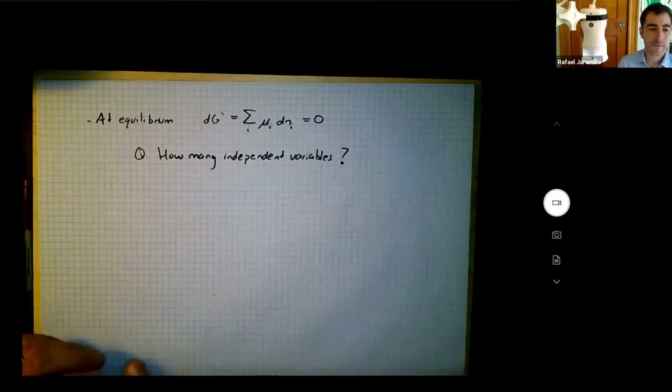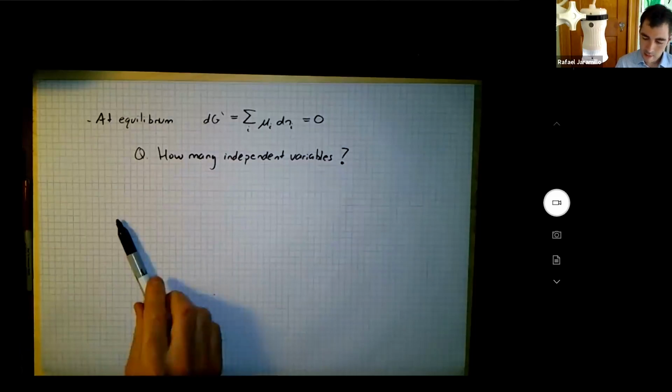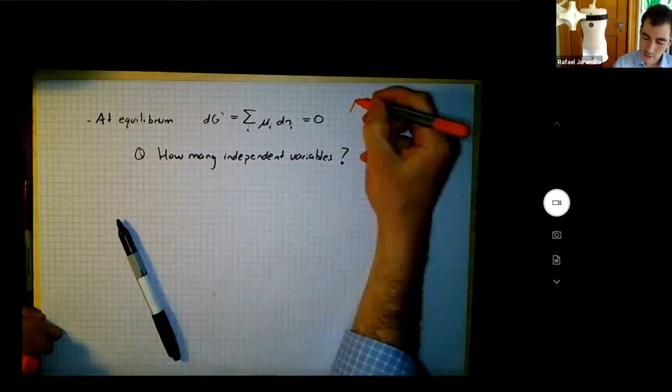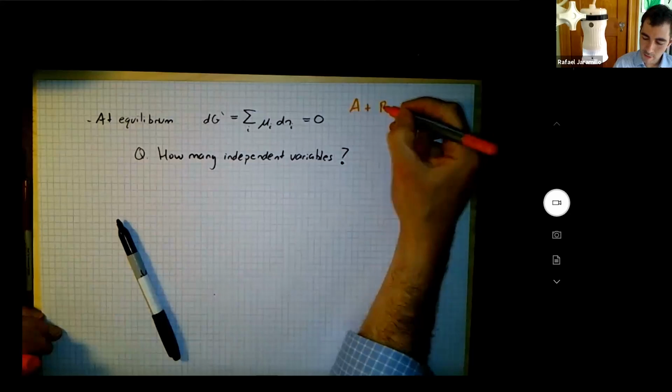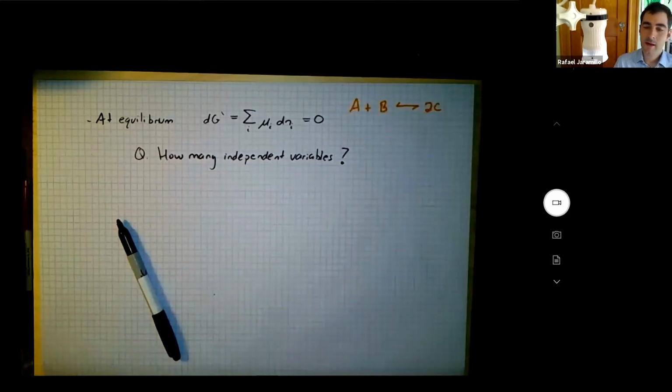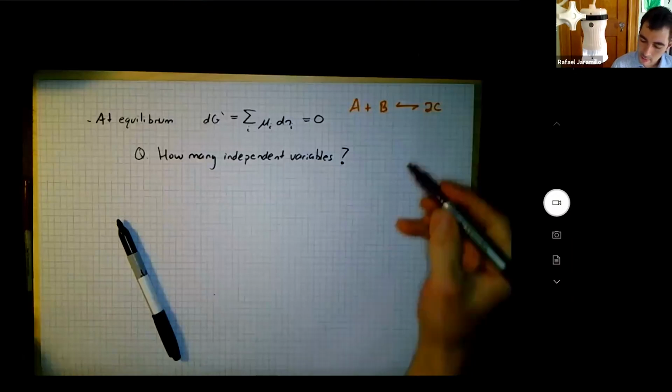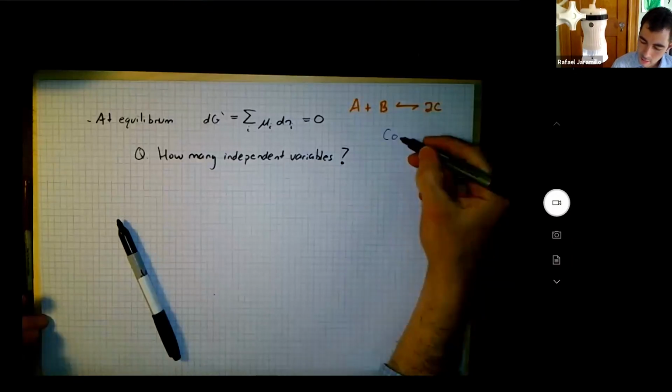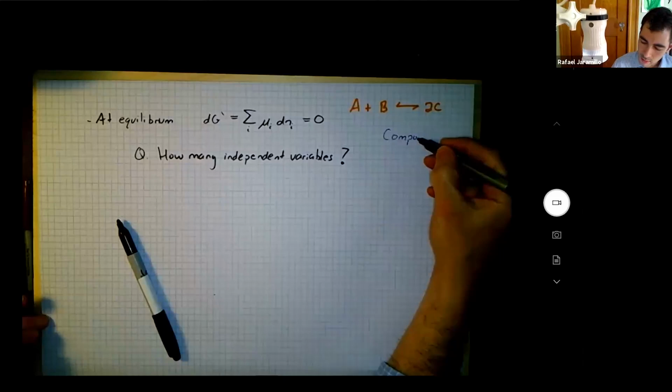How many independent variables are there in this case? I'll remind you, we have a general reaction, A plus B goes to 2C. That's a reaction. Let me break that down a little bit. Somebody tell me, what are the components? Let's list the components.